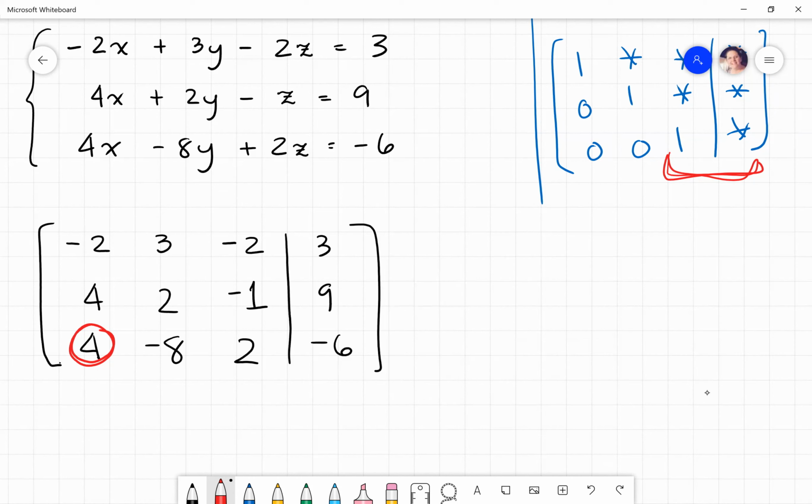So I think I might do, now it doesn't matter, you could do -1 times row 2 plus row 3. I'm probably going to do row 2 plus -1 times row 3.